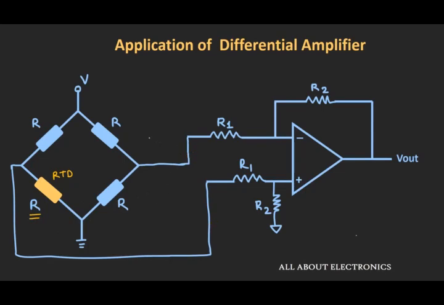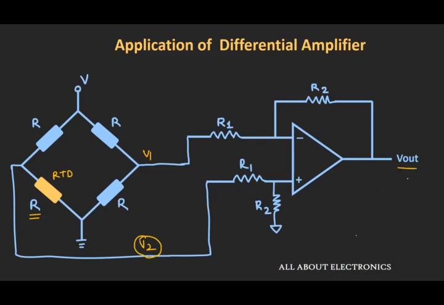So when the bridge is balanced, then the input at both ends of this differential amplifier will be equal, that is V1 equal to V2. But as the temperature changes, the value of this resistance R will change, and because of that the voltage that appears at this end will also change, and we can amplify the difference between the V1 and V2, and we can use this output to control another circuitry.